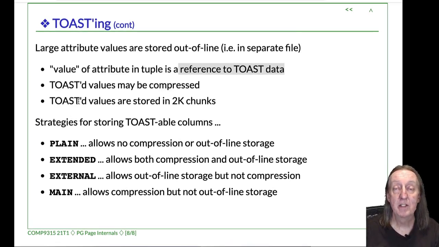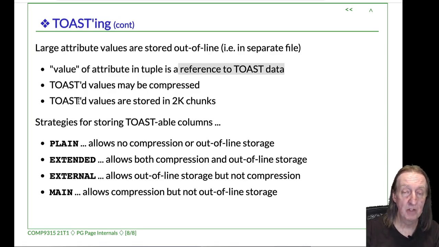Now, another thing: large attribute values aren't actually stored as a single long sequence of bytes. They're broken into 2K chunks. The reason they do that is so that you don't have values that span multiple pages in the toast file.